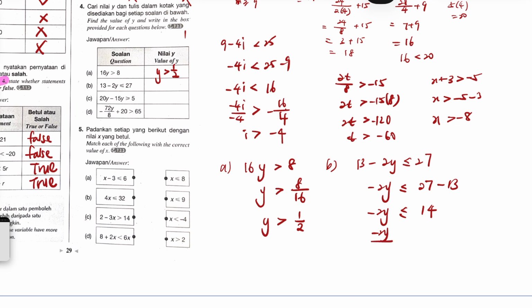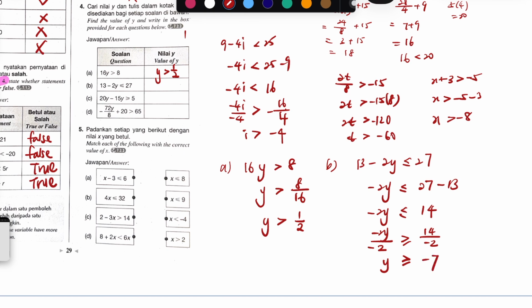When we divide by a negative, we need to change to the opposite symbol. The inequality sign needs to be changed. Divide by negative 2. Therefore, y is greater than or equal to, what is that? Negative 7. All right, you can use a calculator. So y is greater than or equal to negative 7.